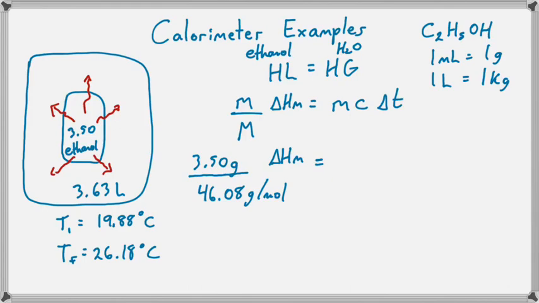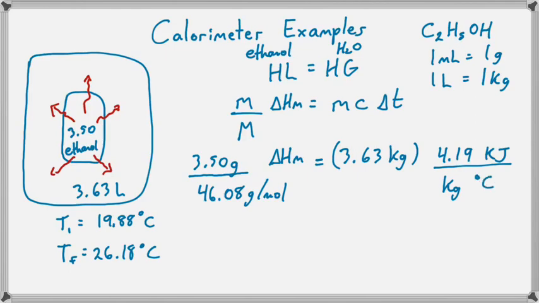I'm going to use the kilograms and demonstrate what I was talking about yesterday with changing the capacity. So 3.63 kilograms of water. I know the capacity of the water is 4.19, but because I have kilograms, I'm going to use kilojoules per kilogram degree Celsius.